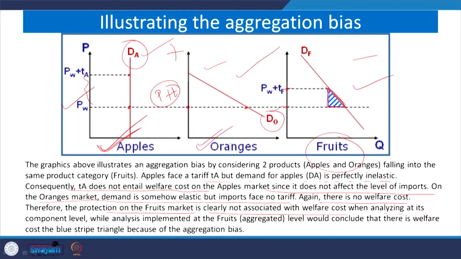But on the aggregate fruit market, due to the tariff, it is now clearly visible that welfare is reduced. The fruit market would conclude that there is a welfare cost, explained by the blue triangle, because of the aggregation bias.